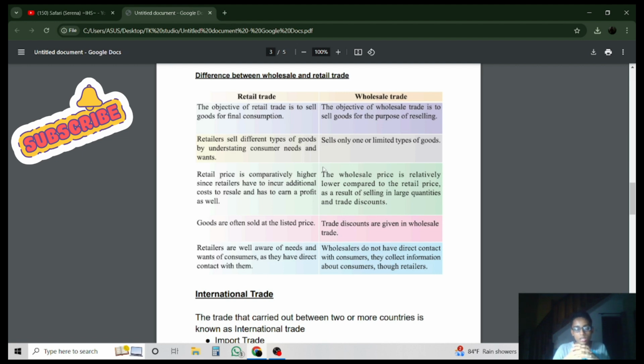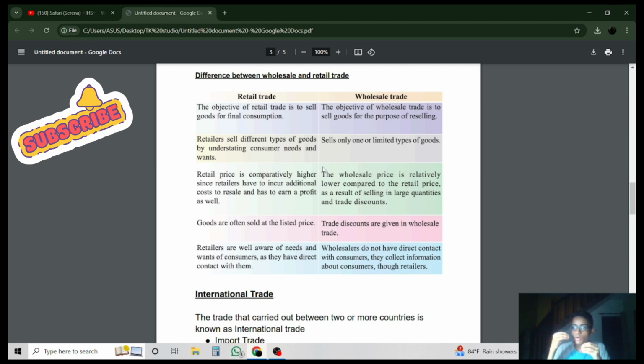Another one, retailers are well aware of the needs and wants of consumers as they have direct contact with them. Wholesalers do not have contact with consumers. They collect information about consumers through retailers, right? When you go to the nearby shop frequently, they know what items you are going to buy. Think you are going to buy shampoo. There are Sunsilk, Dandex. You buy only a particular brand, right?